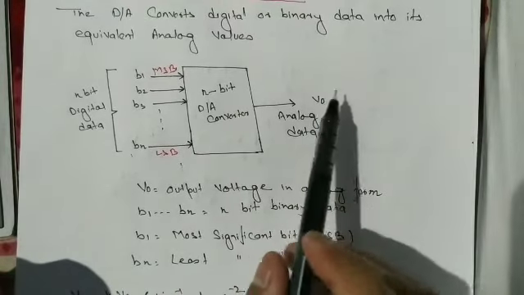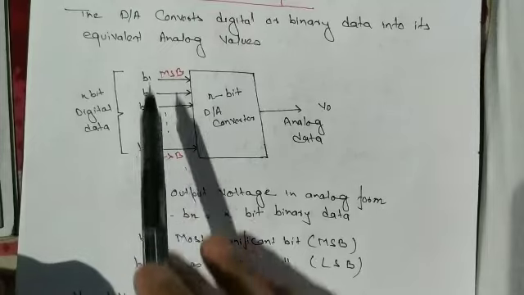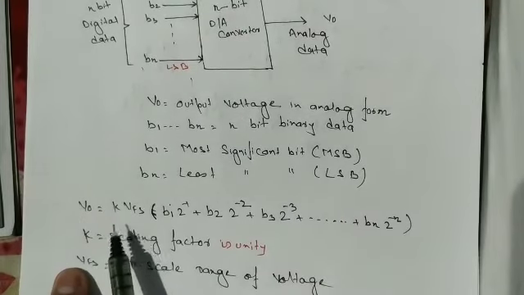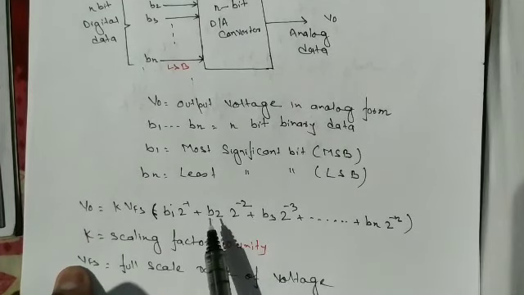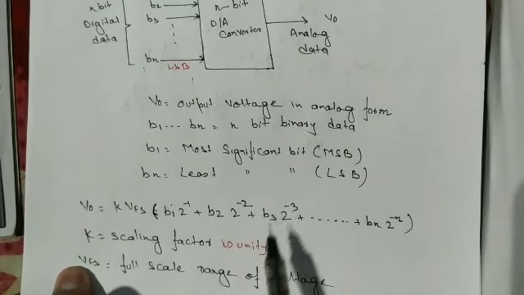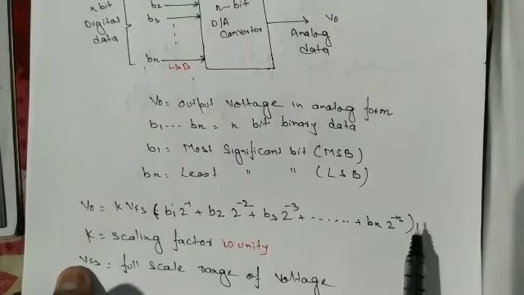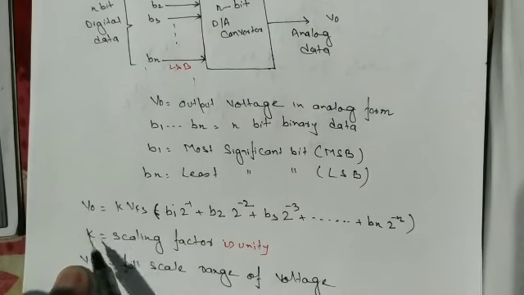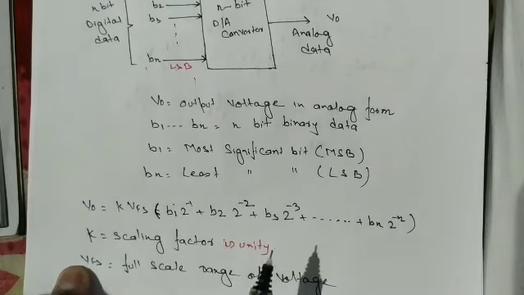The relation between the output voltage V0 and the input binary data B1 to Bn is: V0 equals K VFS times (B1 times 2 to the power minus 1 plus B2 times 2 to the power minus 2 plus B3 times 2 to the power minus 3 plus ... Bn times 2 to the power minus n), where K is called the scaling factor.